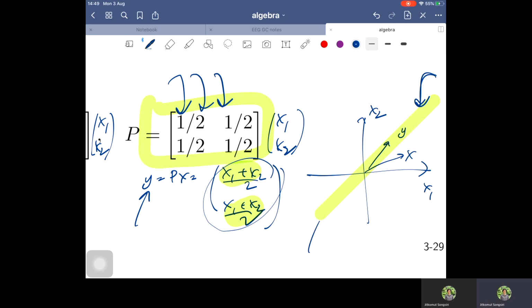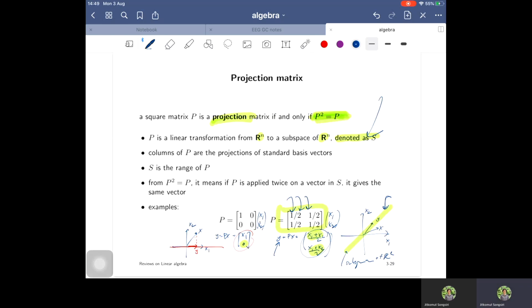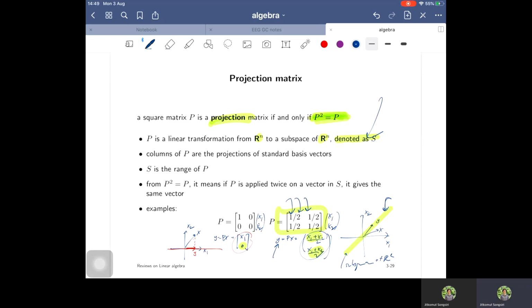This straight line is actually the subspace of R2. So these are just examples to illustrate the meaning and how the projection matrix satisfies its definition.